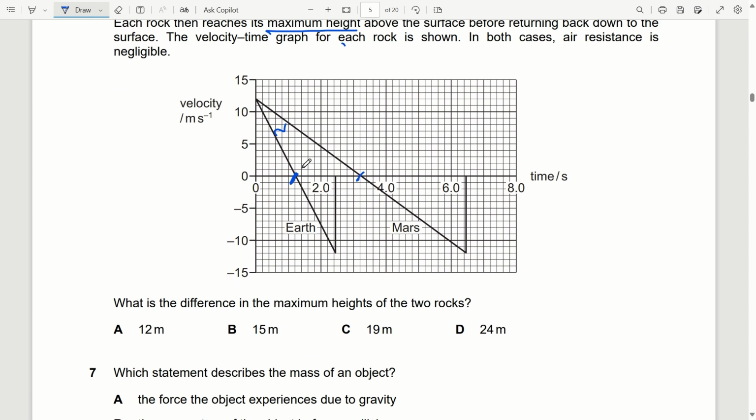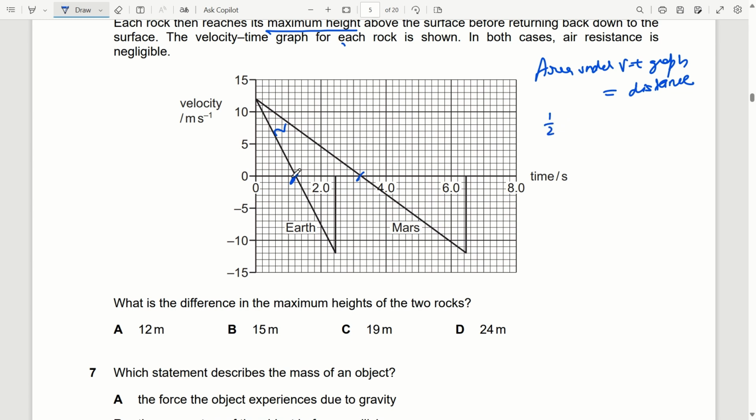At this point the distance covered will be the maximum height for earth, and at this point the distance covered will be the maximum height for Mars. And we know that the area under the velocity time graph is equal to distance. Since the shape here is triangular, the area will be half into base into height.